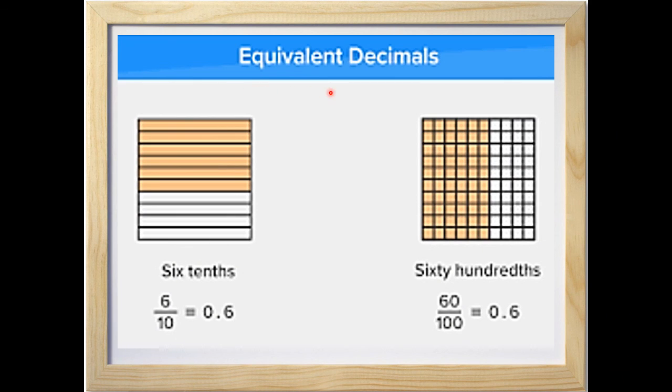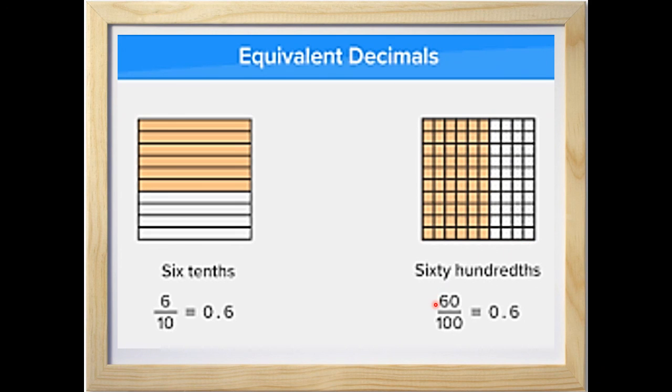Children, now we are going to learn about equivalent decimals. See, in the first picture, 6 parts out of 10 equal parts are shaded. So it is given by 6 by 10, which is a decimal fraction, and the decimal number is given by 0.6. In the second picture, 60 parts out of 100 equal parts are shaded.